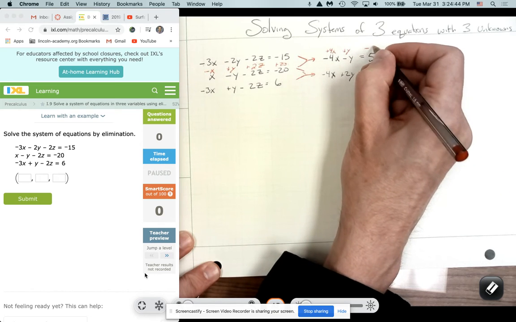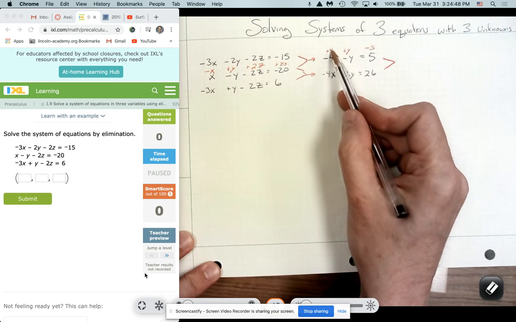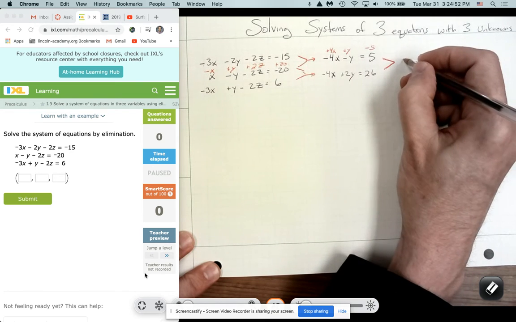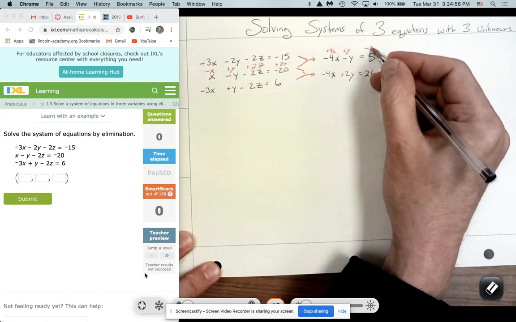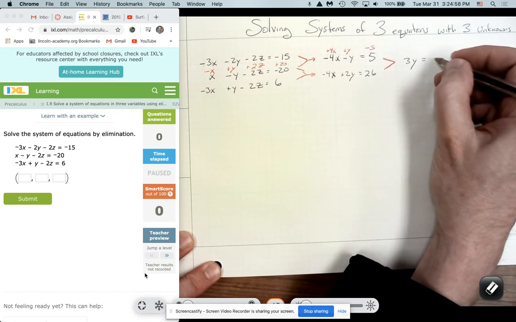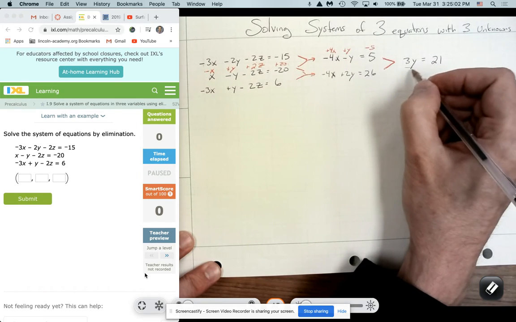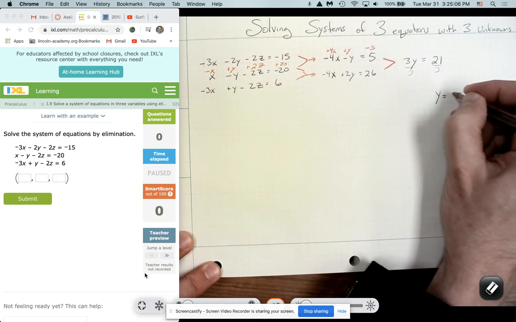This will become a negative 5 because I multiplied everything by negative 1. Now when I add, my x's cancel. I have y plus 2y is 3y equals, and then negative 5 plus 26 is 21. Your last step, divide by the 3, and I find out my y value is 7.